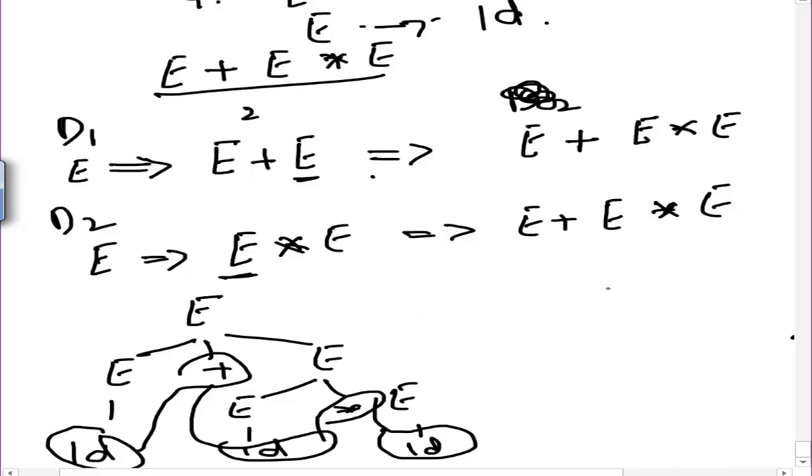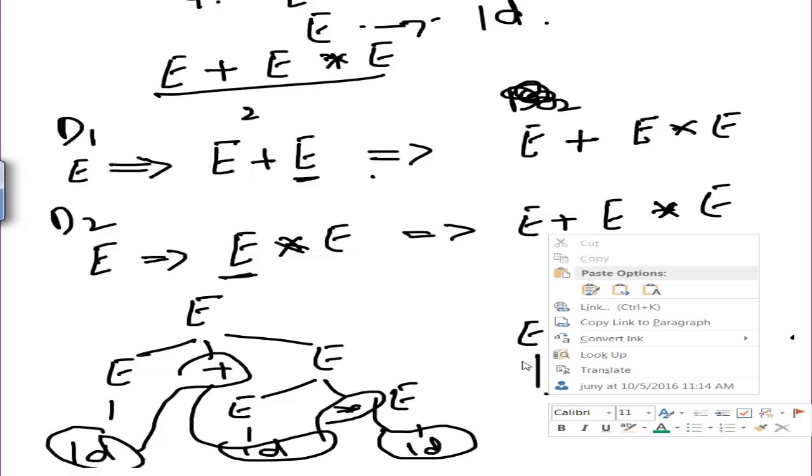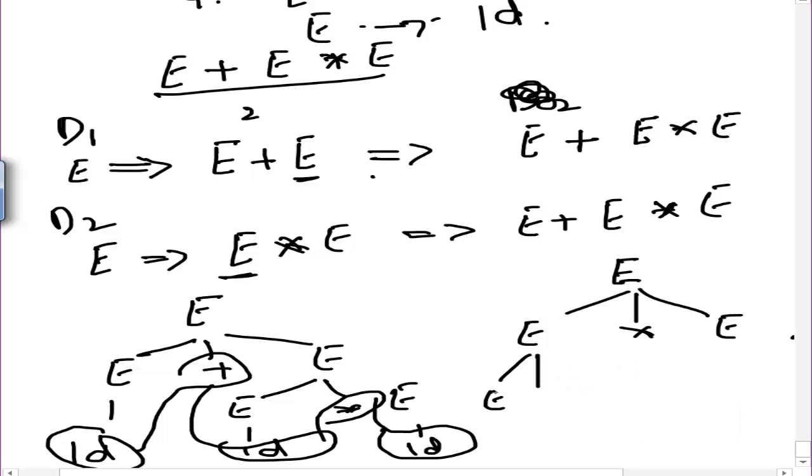But I can do it with a different parse tree altogether. Here I use E times E first, not the plus, and then I derive this E into E plus E. Then I can convert these into IDs.